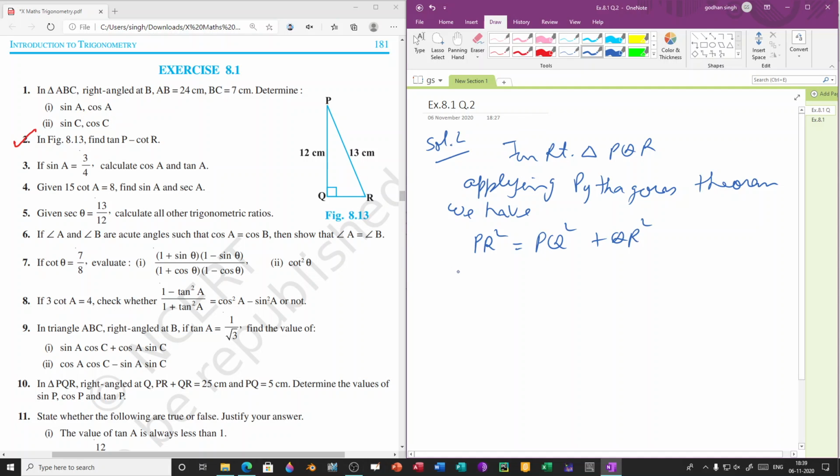So what is PR? PR is 13, so 13 square is equal to PQ is 12 square plus QR square.